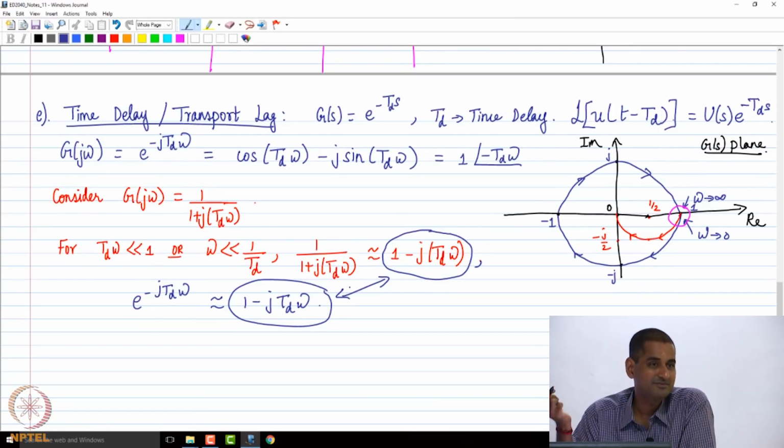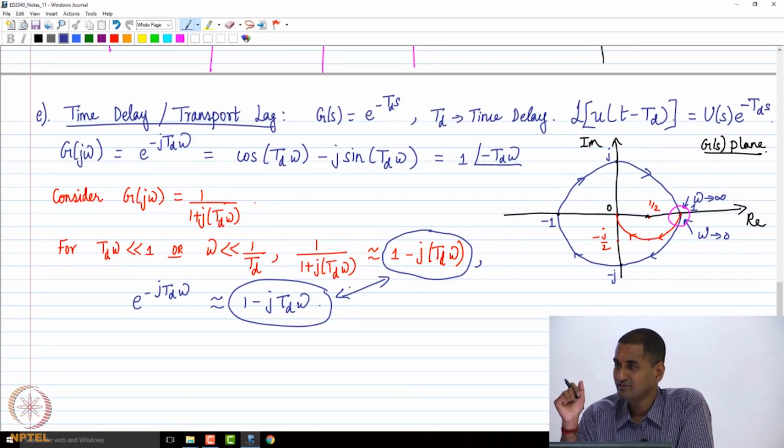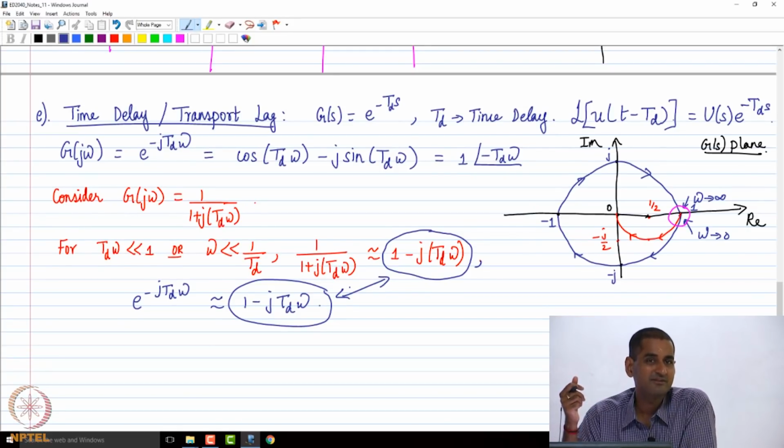So that is something which we need to analyze. For example, let us say td is 0.01, then I need to ensure that I am subjecting the system to frequencies lower than 1 by 0.01. So that is something I need to be careful about. Then that approximation is very reasonable.